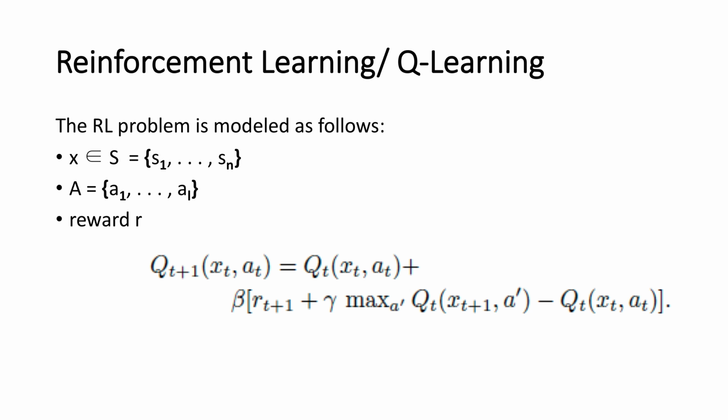The set of actions A represents the decisions that the agent can make based on the state vector X. So X is the state vector and A is the set of actions.